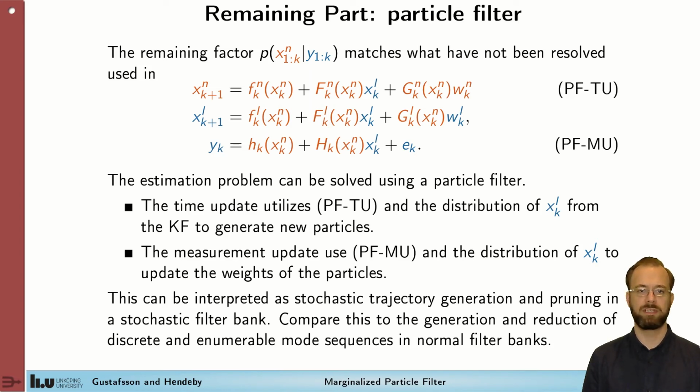The only difference is that we have a continuous part, that's the nonlinear part, and that we use the particle filter to choose which parts to keep and what trajectories to throw away. This concludes the description of the marginalized particle filter. If you want the exact expressions for all these steps, which turn out to be slightly involved, please have a look in the textbook.